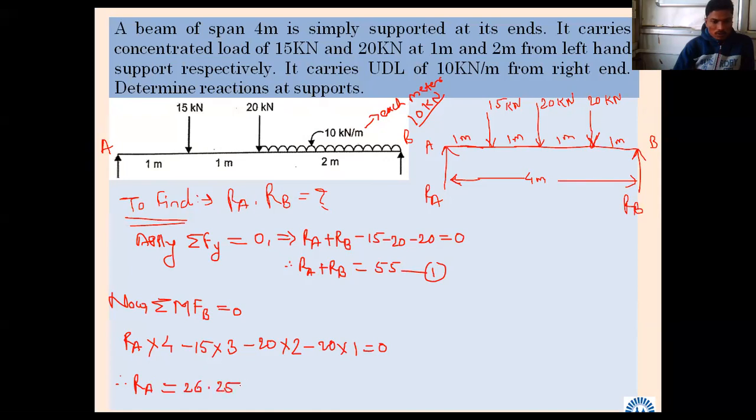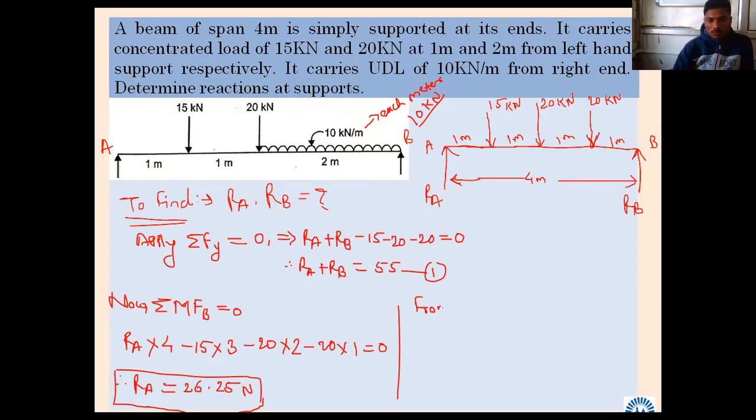26.25 kilonewton. Okay, so this will be one of your reactions.